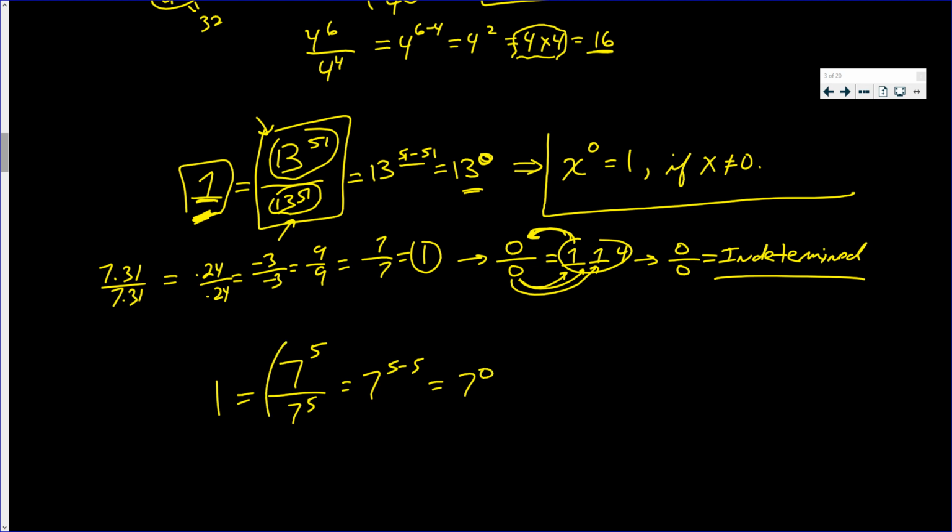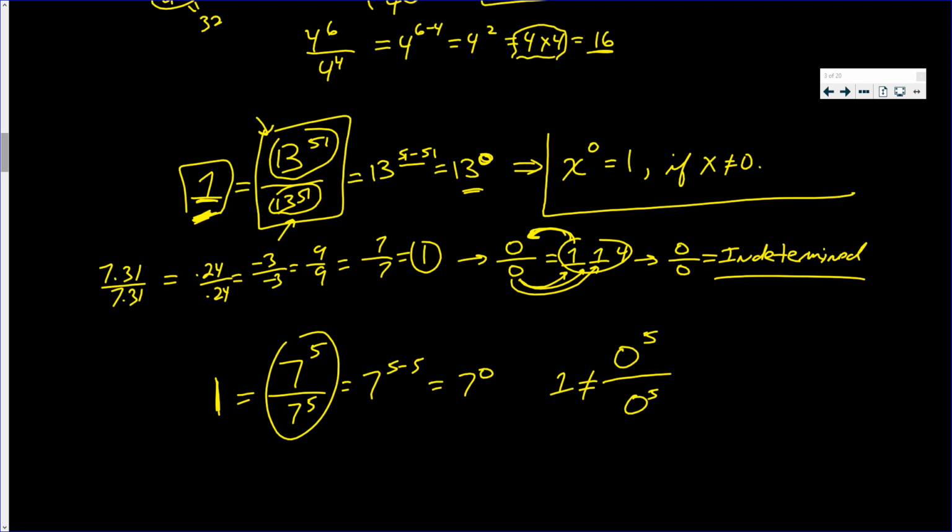You divide the same two numbers that aren't 0, you're going to get 1. But now, if you have 0 to the 5th, which is 0, divided by 0 to the 5th, which is 0, this is not 1. Because 0 over 0 doesn't equal 1.